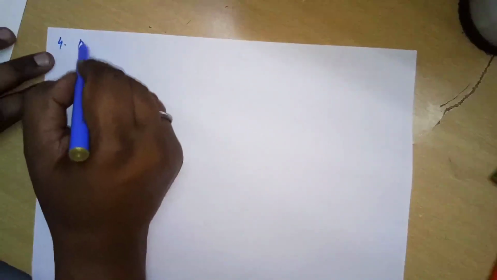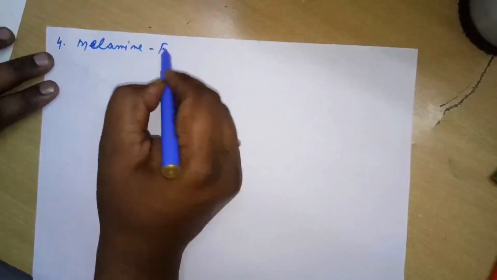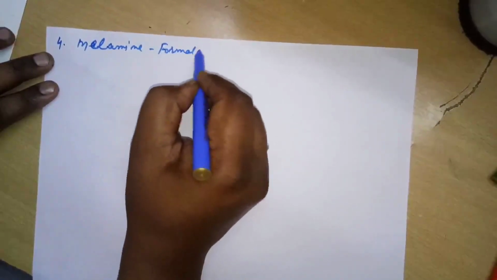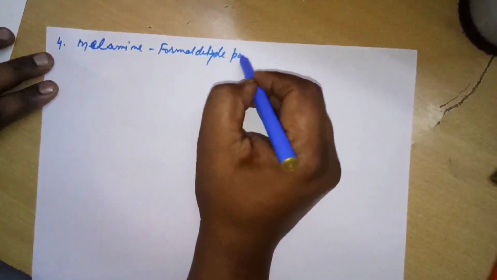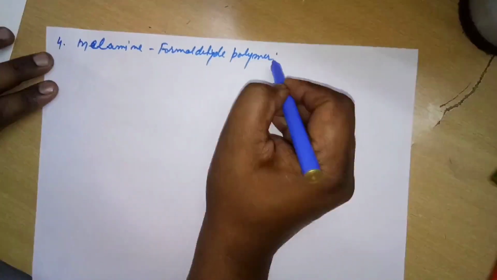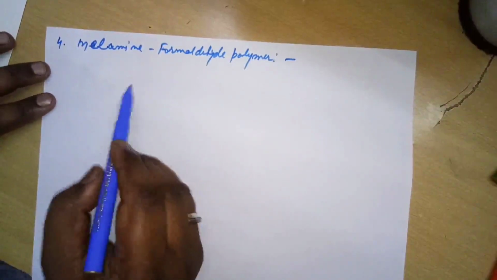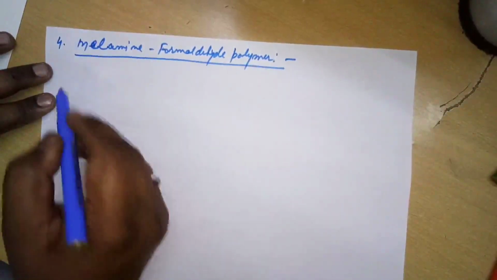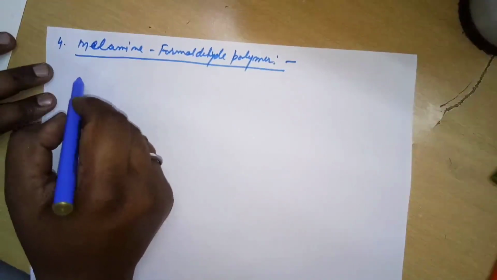Next, the fourth type of condensation polymer is melamine formaldehyde polymer. In this polymer, two different types of monomer units are used. One is melamine.